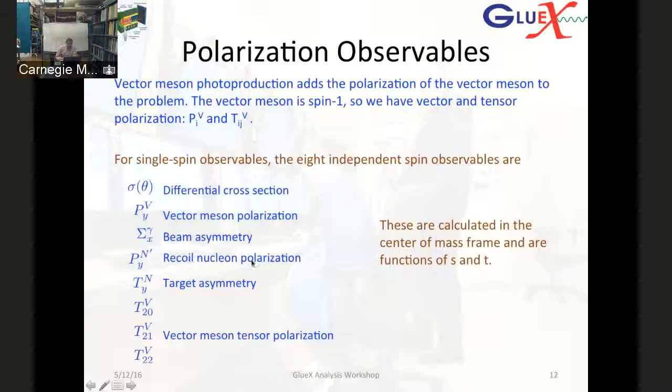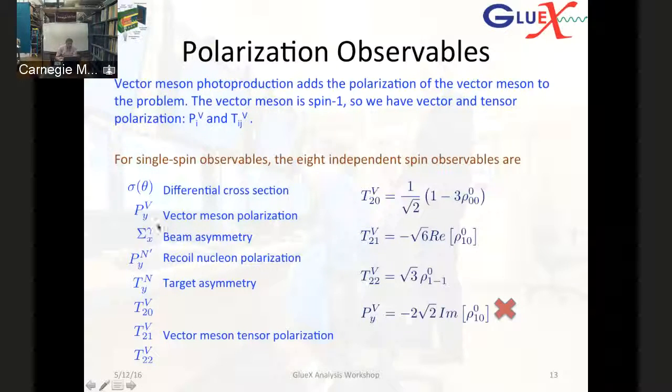There is a recoil nucleon polarization, target asymmetry, and then there are something called tensor polarizations for the vector meson. These are basically the same thing that we would see before. The tensor is because it's a spin 1. It's a matrix. It's not just a simple polarization. It's a little more complicated.